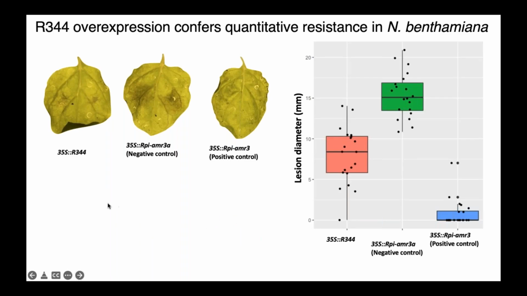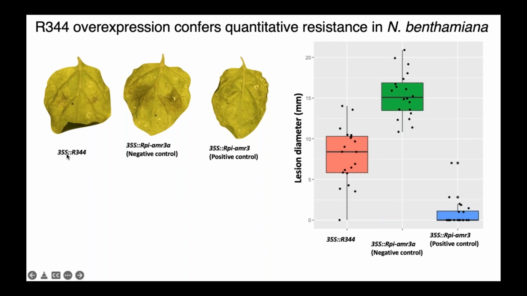So to do this, we transiently delivered receptor 344 into benthamiana leaves and tested with a drop inoculation of P. infestans. So with our functional Rpi-amr3 as a strong positive control, you can see that there are no infection points in this example. And with the non-functional 3A paralog, we can see that there's widespread growth from the inoculation point.